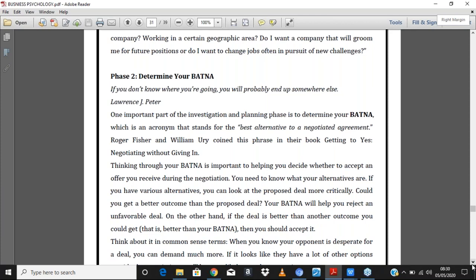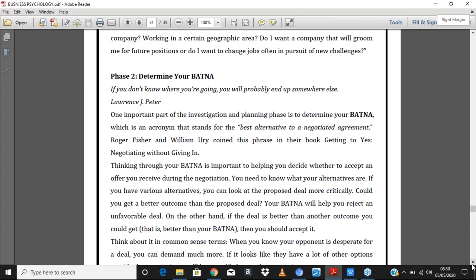Okay. So how do you determine your best alternative to a negotiated agreement? Thinking through your BATNA is important to helping you decide whether you can accept the offer you receive during negotiation.